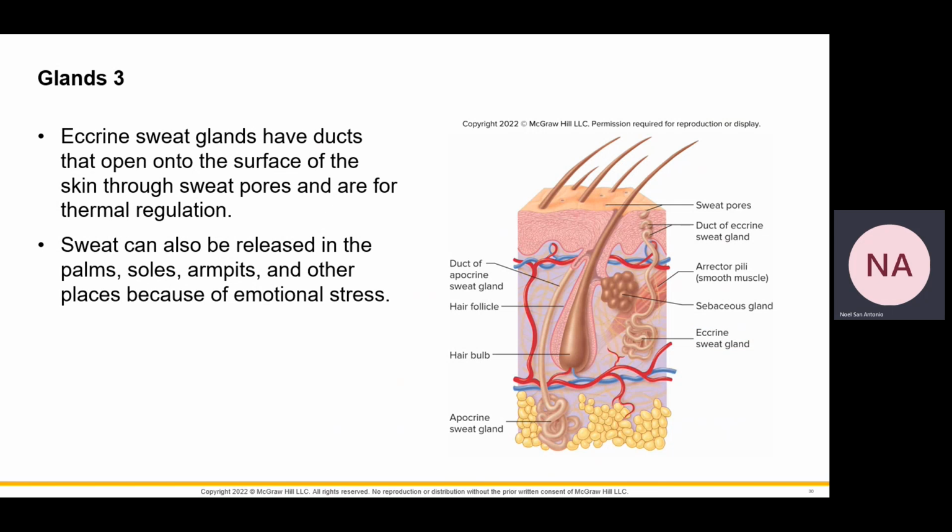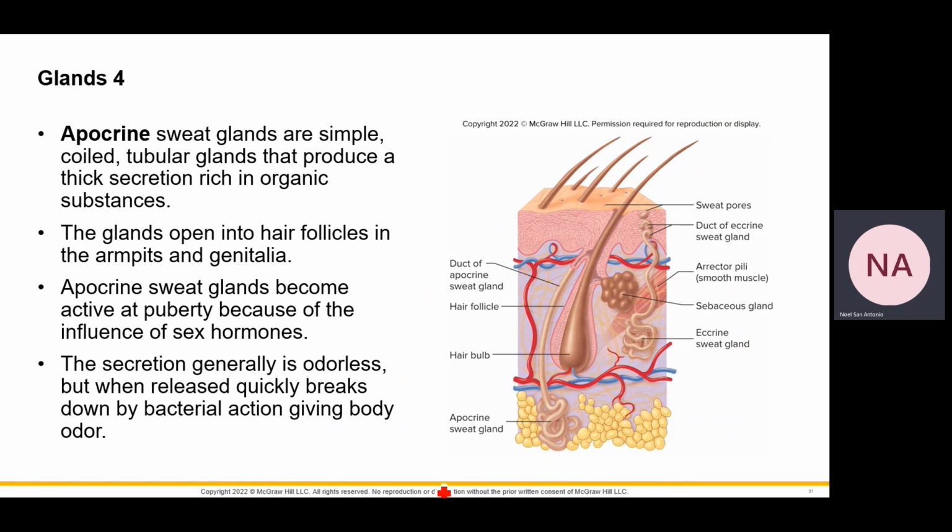While your apocrine sweat glands naman, ito ay mas malalim. As you can see, it also joins the skin pore, right where the hair protrudes, and is also where the sebum comes out. Ito ang nilalabas niyan, apocrine sweat gland, are thick substances, thick secretions that are rich in organic substances.